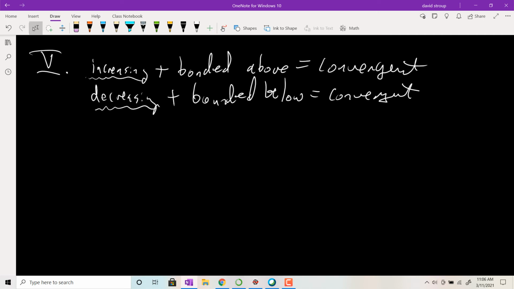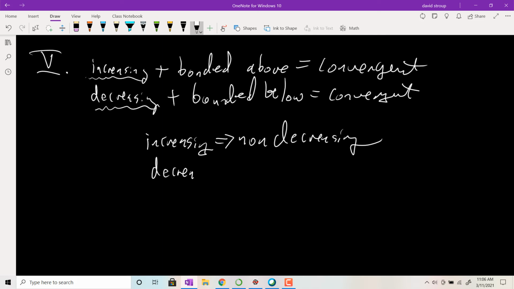In our book, we talk about non-decreasing as increasing, which is really weird. So increasing, here we'll talk about that as non-decreasing. That way we can include these things that just stay the same. And then we'll say decreasing is basically non-increasing. It seems weird, but if we didn't do it this way, we would have to introduce a couple extra definitions, and you would get annoyed about that. This is a no-win situation.